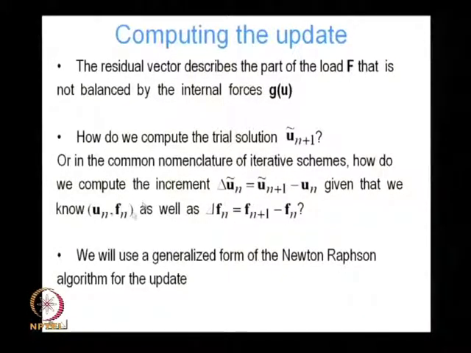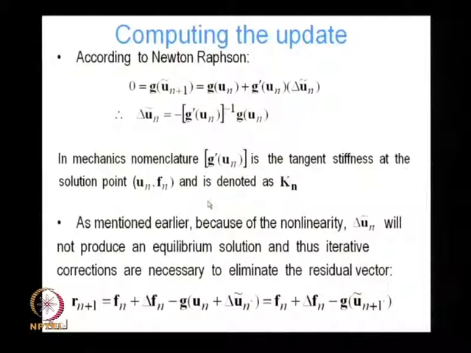So, given that we know u n and f n, as well as delta f n, which is equal to f n plus 1 minus f n, the increment in the load is known. We will use a generalized form of the Newton-Raphson algorithm for the update. Recall what the Newton-Raphson algorithm is all about: it is about linearizing that nonlinear equation about a given solution.